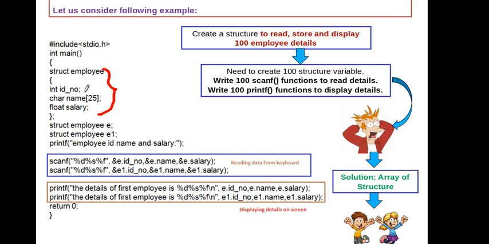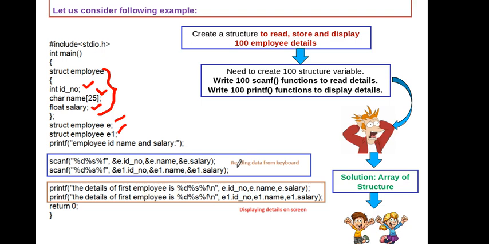Here we are collecting the information about the employee, that is ID number, name of the employee and salary of the employee. We have declared two structure variables, that is E and E1. The E structure variable will collect the information of the first employee, and E1 will collect the information of the second employee.